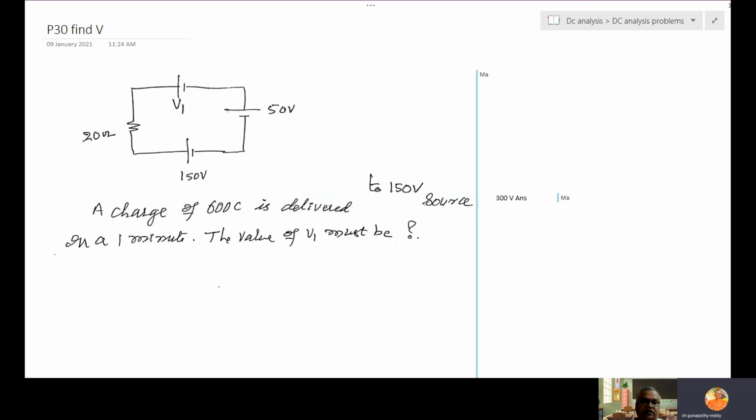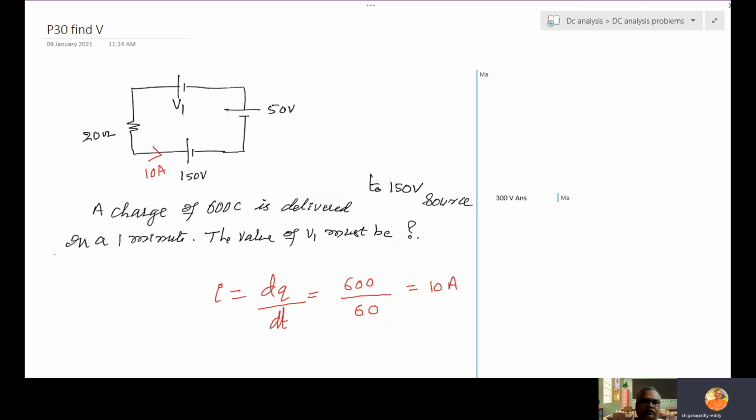So you can find current I. What is the I formula? dq by dt. What is the charge delivered? 600. How much time? 1 minute, which means 60 seconds. So how much is this? 10 amps. 10 amps current is flowing. It is delivered to 150. What is the direction of the current?